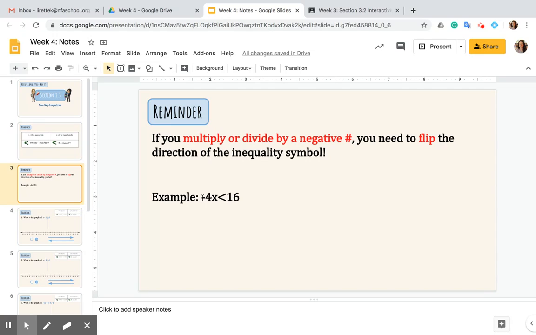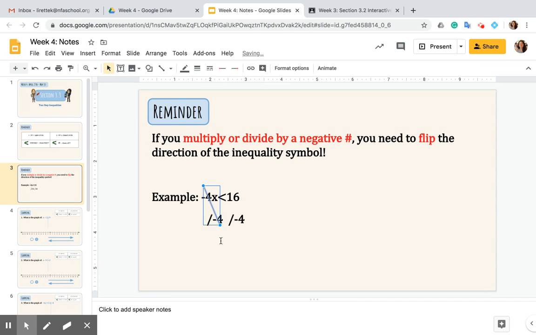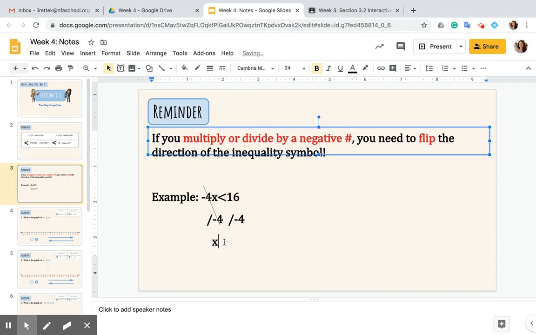So here's an example. It's a one-step inequality like we learned last time. It's negative 4x is less than 16. This is multiplication because the number is touching the variable. In order to get my variable alone, I'm going to divide both sides by negative 4. These are going to go away, and I'm going to be left with x.